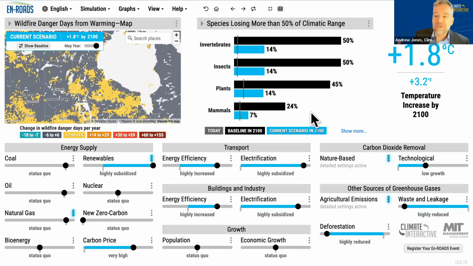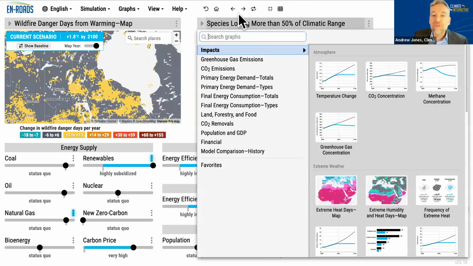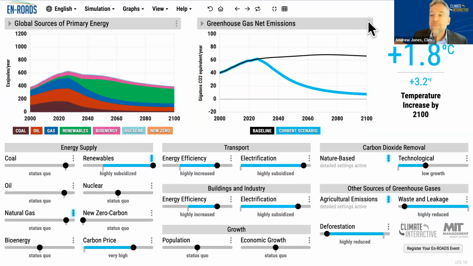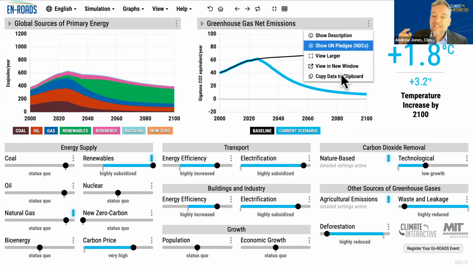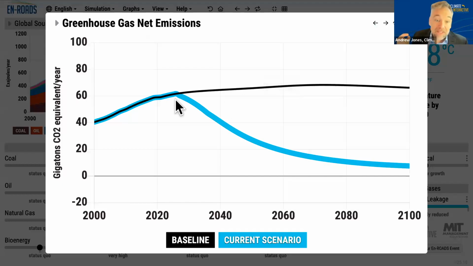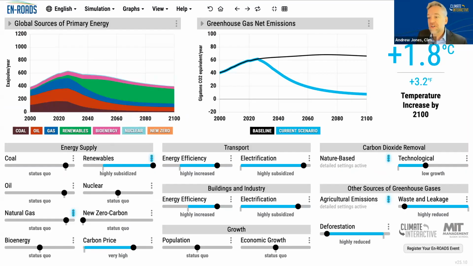And it's still possible to bend this curve towards this much better future, as the scientists have been telling us for a long time, to reduce emissions steadily throughout the century and avoid some of these worst case scenarios.